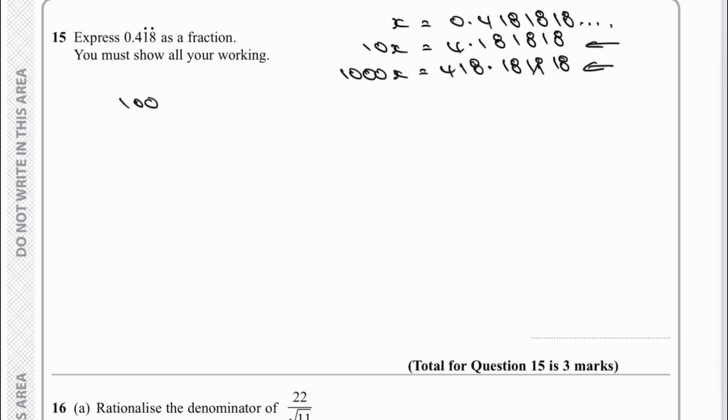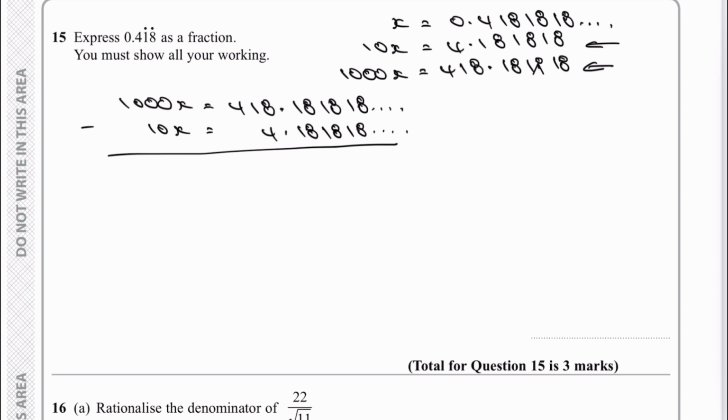If I write 1000x equals 418.181818 and so on, and then take away the value of 10x, I lose everything after the decimal point. So I end up with 990x equals 414.